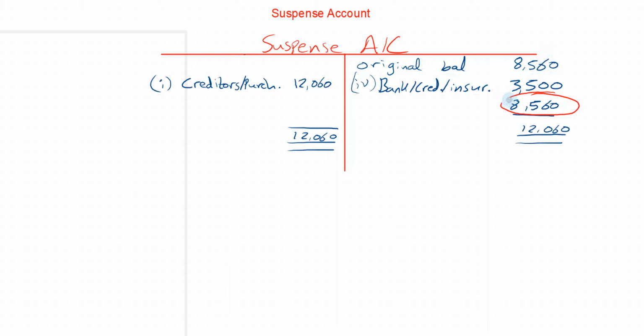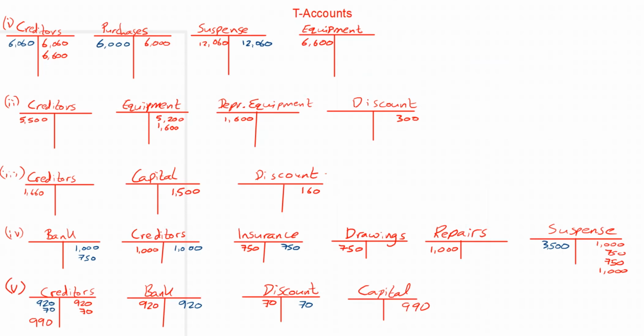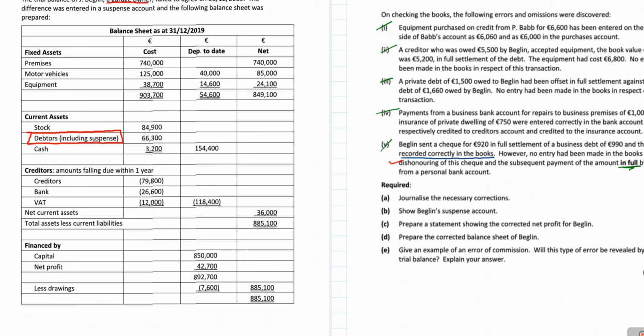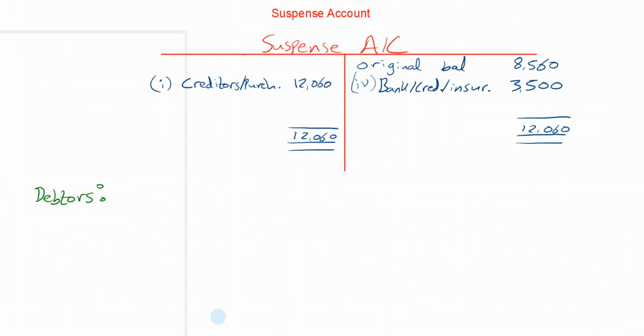We don't want our suspense in our debtors anymore. We want to get rid of it because we want to know what our actual debtors owe us. So we now have to take that out of debtors. We can put that down here. We now want to fix debtors. Our debtors is 66,300.